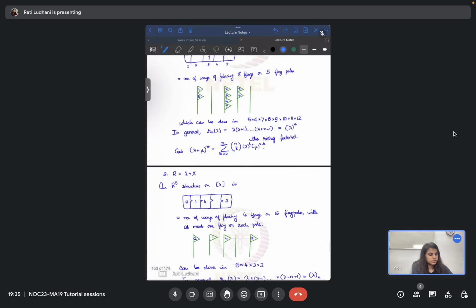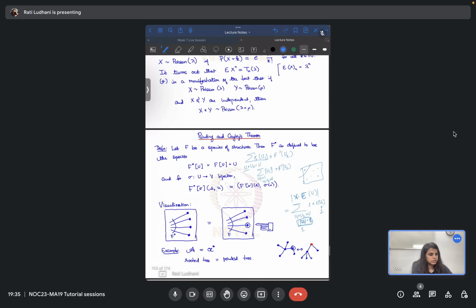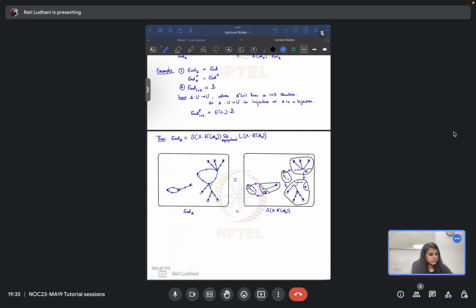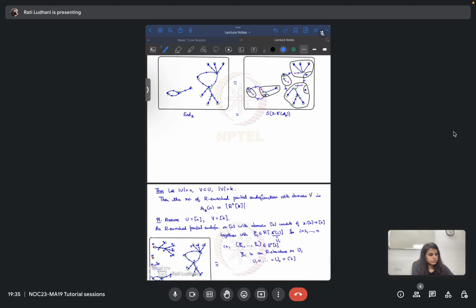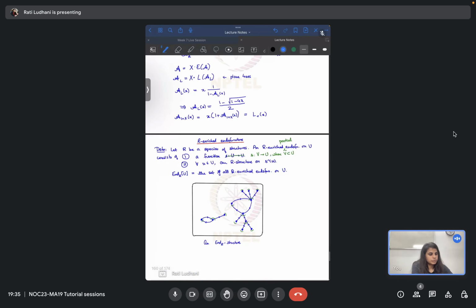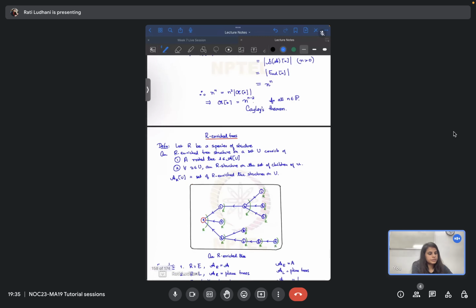So you are considering R endofunctors; this is R-enriched trees.